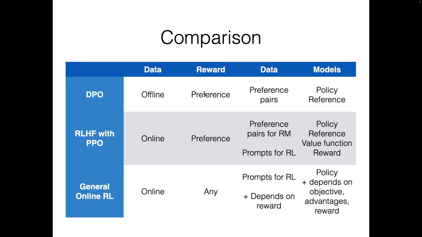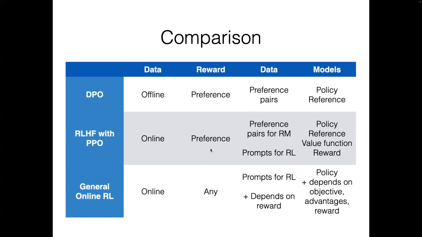DPO is specifically designed for this preference data or preference rewards. And again, it uses the policy model and the reference model, but doesn't require the value function, designing a good reward, or anything like that. So sometimes it's good to at least try for your application.